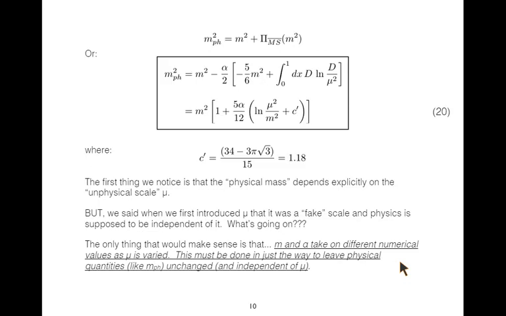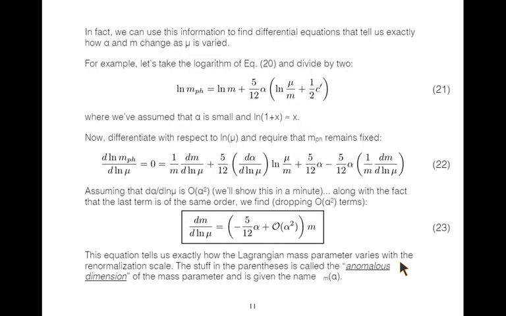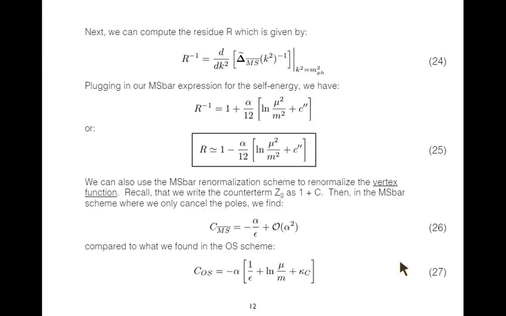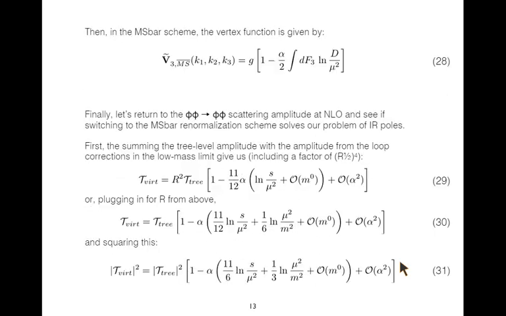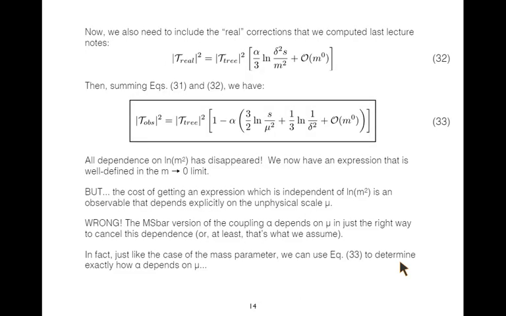And what we found eventually, so here we're computing corrections to the mass, the physical mass, right? So we made a distinction between the physical mass and what we call the bare mass. And in the end, we found that when we computed things in this minimal subtraction scheme, sure enough, the poles go away, or the divergences from the massless limit go away.